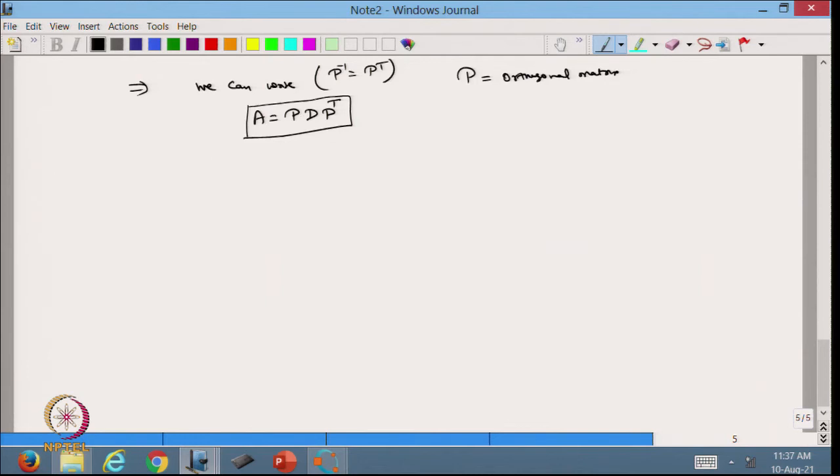In this case also, let us say we have a matrix B which can be written as P D P transpose. Then I just want to check what B transpose is.